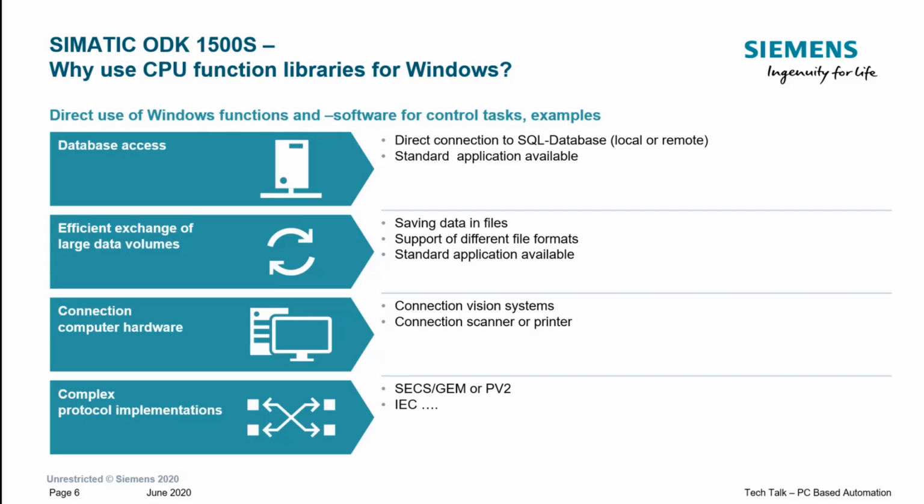Now underneath, we've got large amounts of data. So again, if we maybe think of an application where we're reading values from analog inputs at very high speed, and we then want to log them to somewhere, and we have a large amount of data that we're logging. If we were doing that with a hardware PLC, it would obviously be a case of using an HMI, but you're not going to get those fast read speeds.